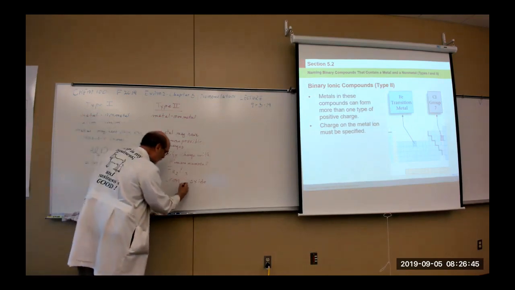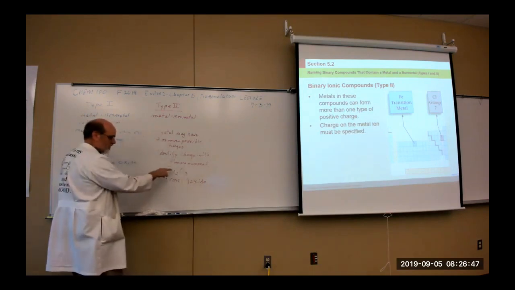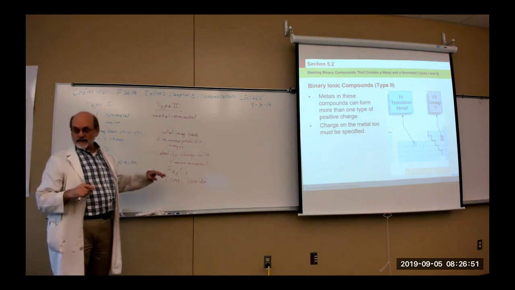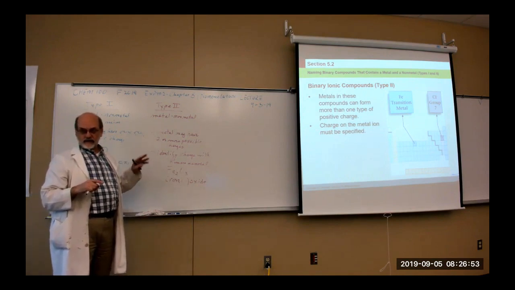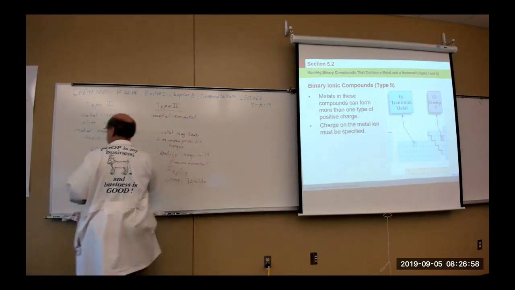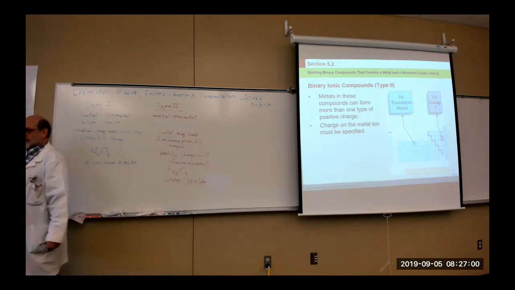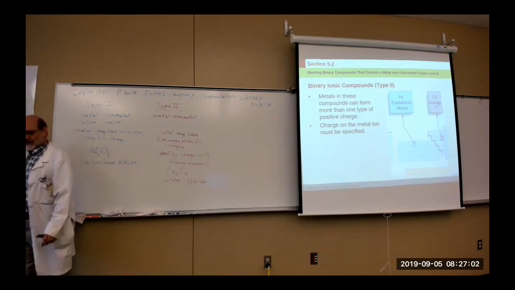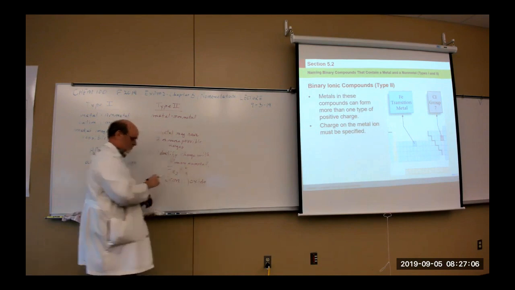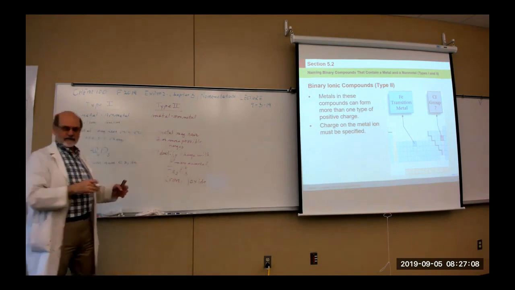Okay, so in parentheses, we have to figure out what the charge is on the iron. So remember, all compounds are neutral. That is, the charges have to balance. So the oxygen from here is what charge? 2 minus. So I just pencil that in so I can start my budget.